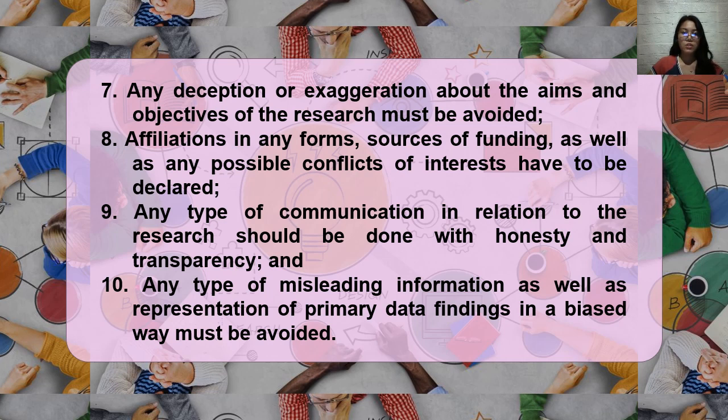Eighth, affiliation in any form, sources of funding, as well as any possible conflicts of interest have to be declared. Ninth, any type of communication in relation to the research should be done with honesty and transparency. And last, any type of misleading information as well as representation of primary data findings in a biased way must be avoided.